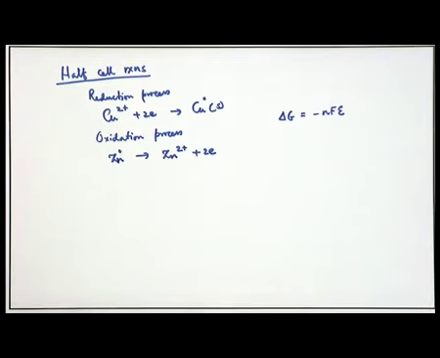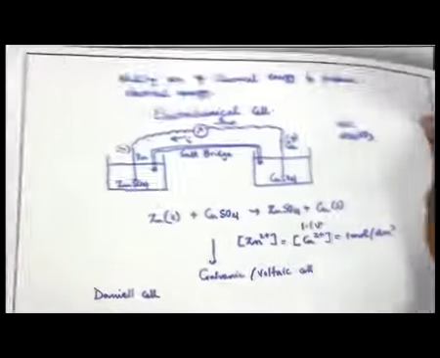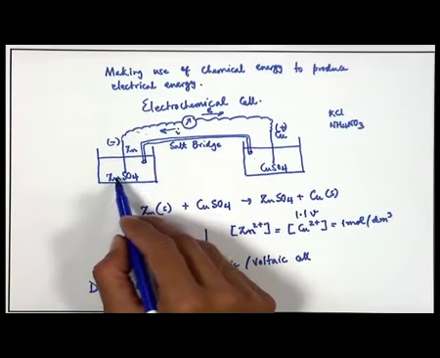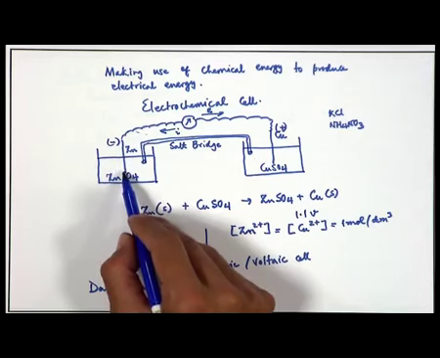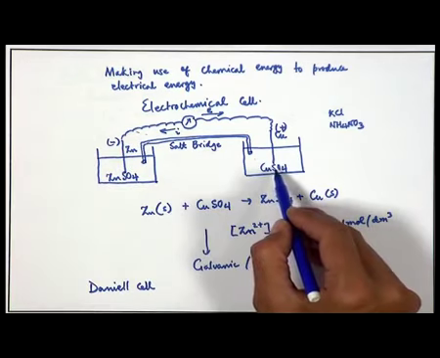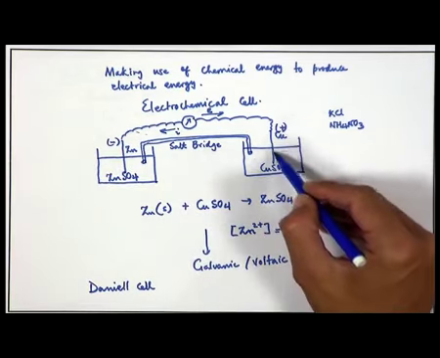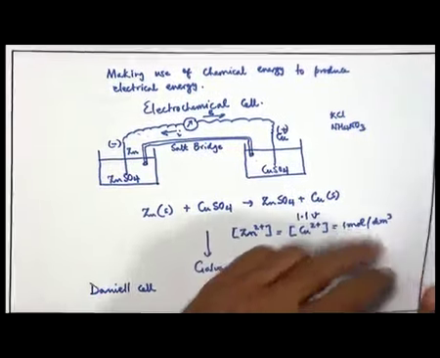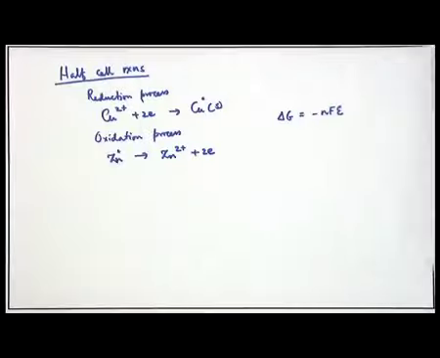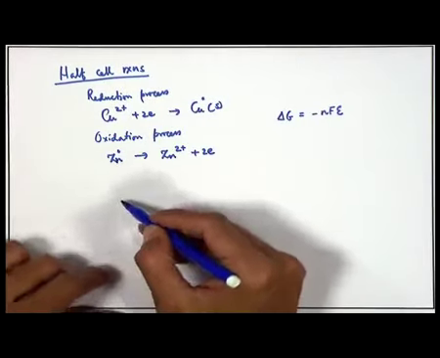In a galvanic cell, if you recall the earlier slide, in zinc sulphate solution your zinc metal is dipped, and in copper sulphate solution your copper metal is dipped. Whenever such an arrangement is made, it is represented like this.